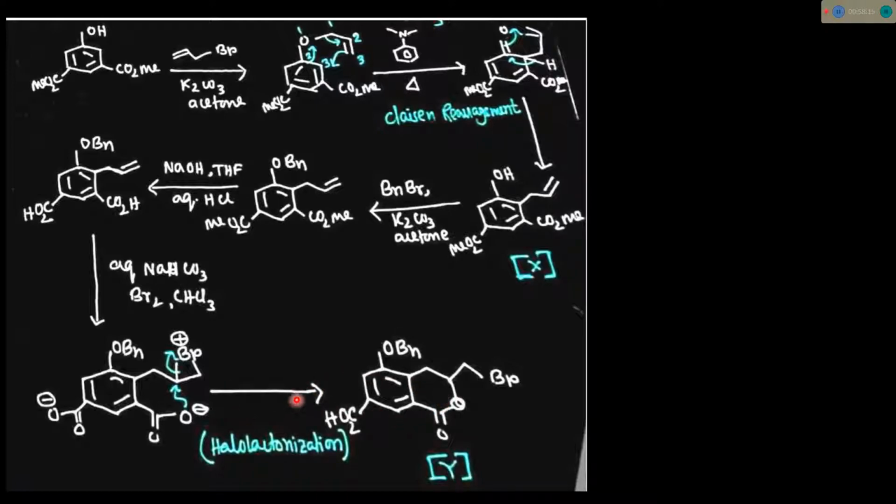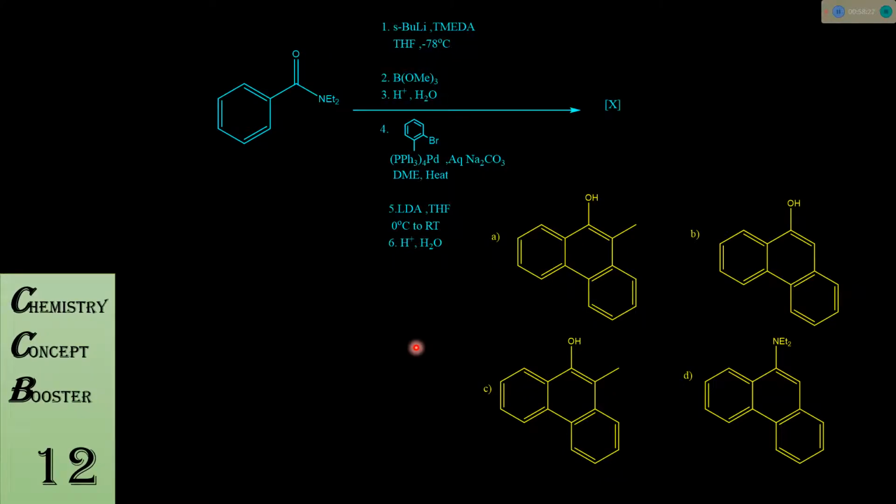So these are the two points: Claisen rearrangement, and second, halolactonization to form a 6-member ring.